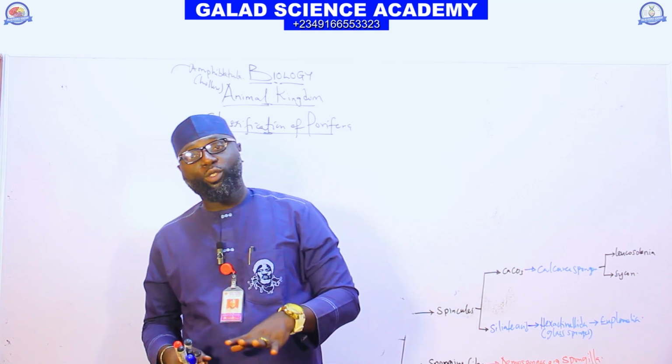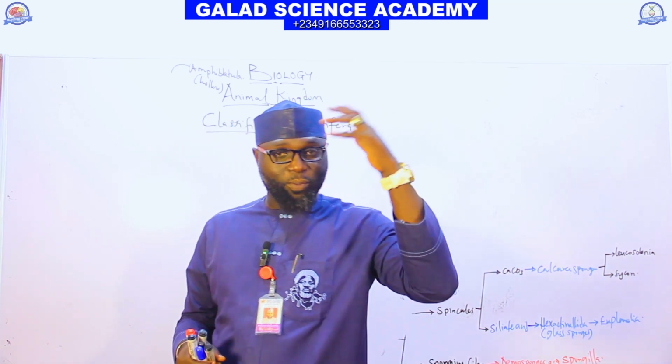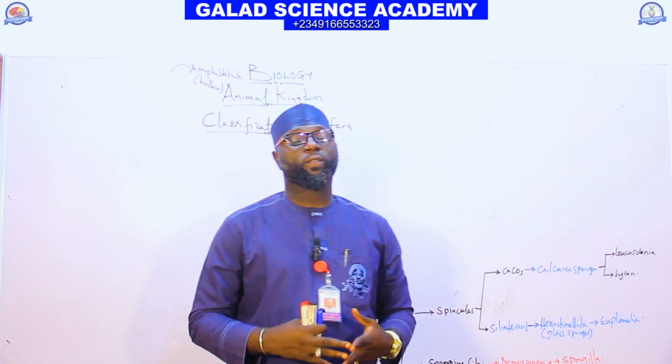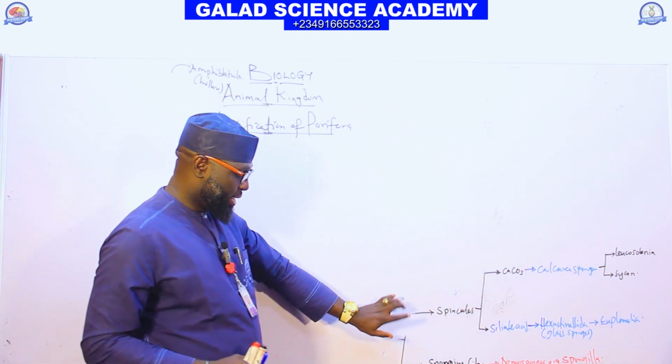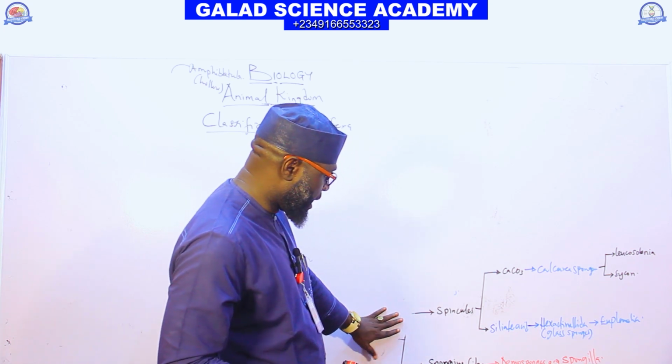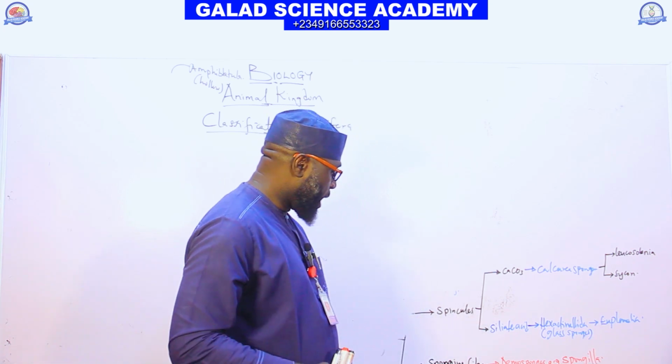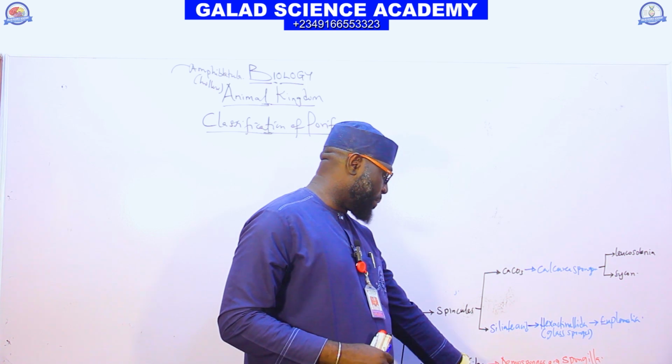In terms of the skeleton material they have, I've explained it under the structure of the body wall of Porifera. This is what I put here: spicules and spongin fiber.